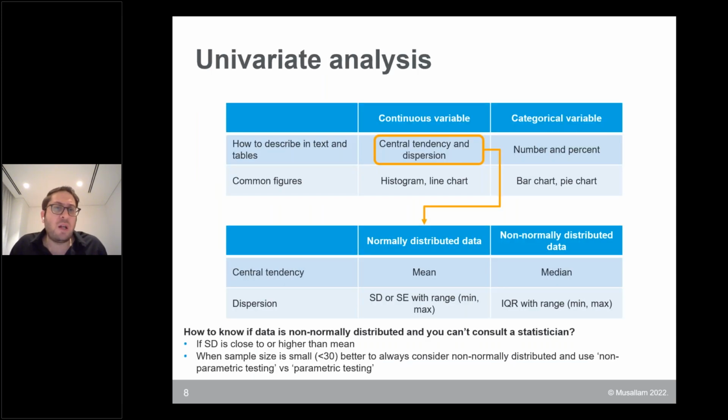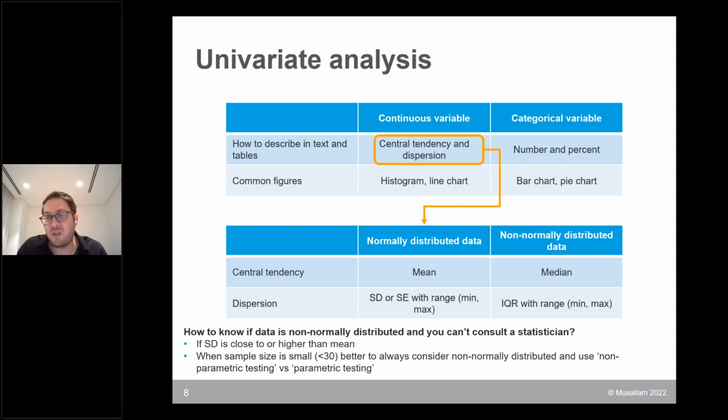So the main univariate analyses that you would need to be aware of are the ones that we do typically in the description part of the study, at the beginning, the first tables, the first paragraph. And these are different for continuous and categorical variables. When we look at categorical variables, so gender, male, female, death status, yes, no, as an outcome, for example, we usually look at the number of events or number of persons or patients and the percentage.